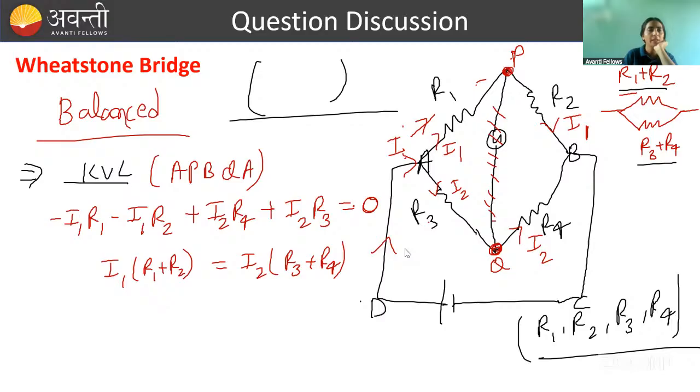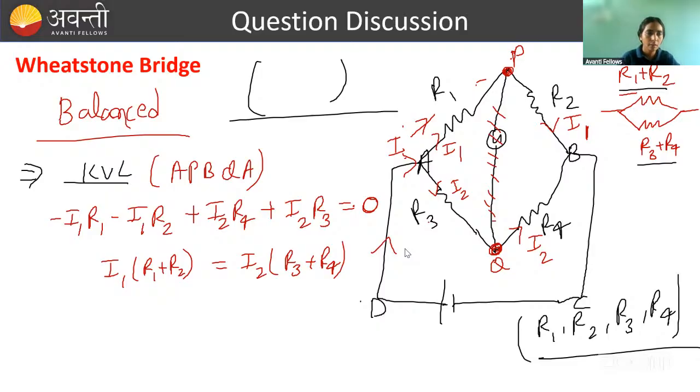What we can do easily to get this? How we should be going around it? Let me know, everybody. I told you in the case of balanced Wheatstone bridge, P and Q will have same potential. Can you calculate Vp minus Vq in two different ways to get things done?